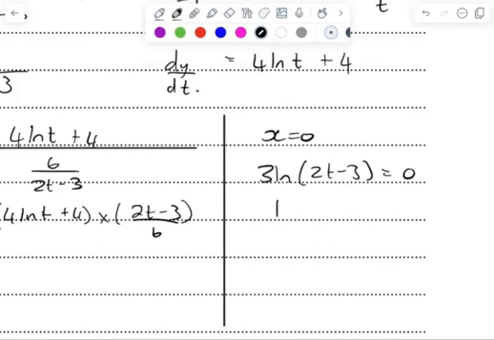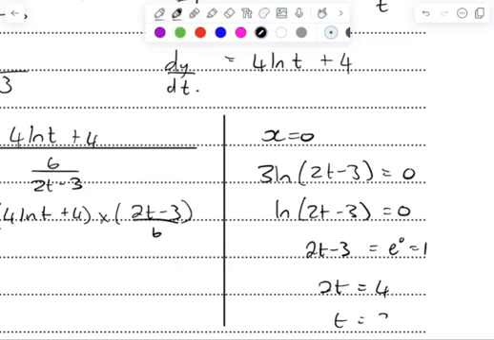So I can divide through by 3. Then I can e both sides. e to the power of 0 is 1. Minus 3 plus 3. 1 plus 3 is 4. So t is equal to 2.